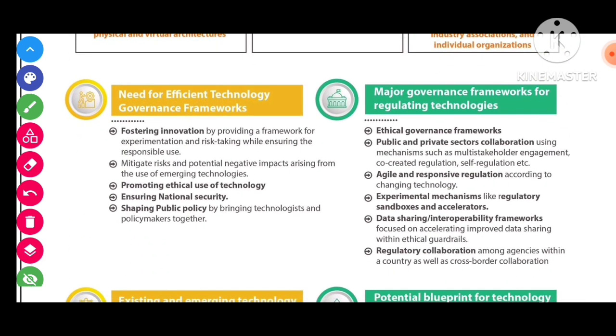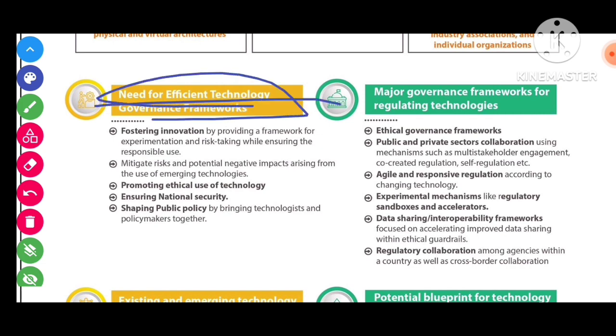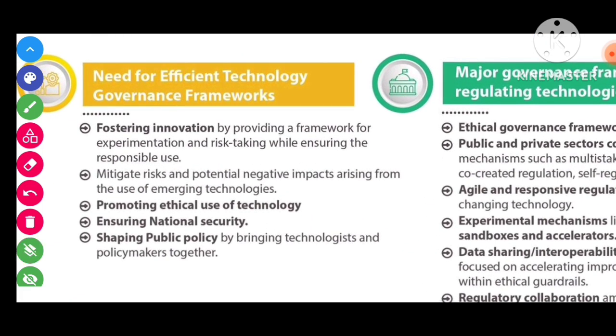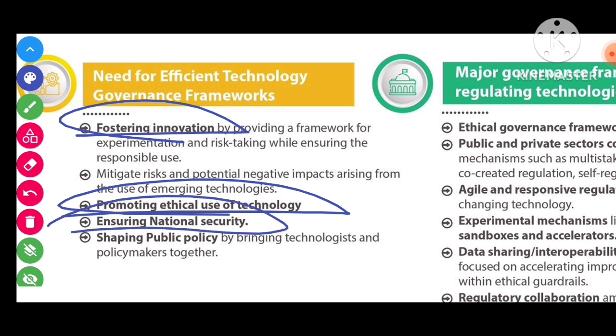Okay. And why do we need this technology governance framework, and what is the efficiency of technology governance? For fostering innovation, promoting ethical use of technology, ensuring national security, and shaping public policy. Okay.